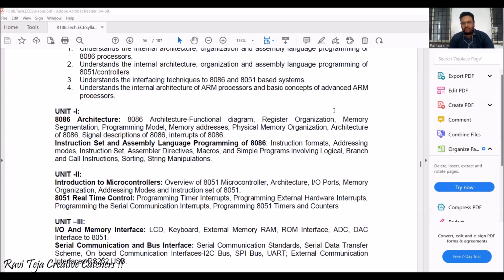We get a clear picture of how the 8051 is different from the 8086 microprocessor, and how a controller is different from a microprocessor.